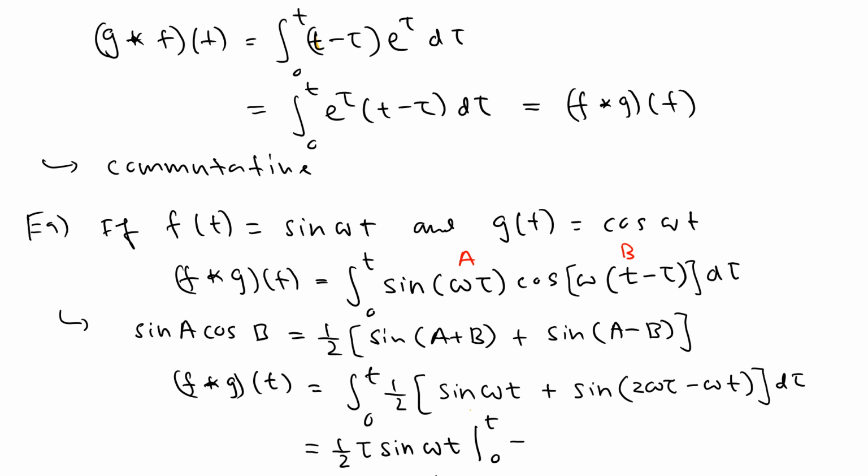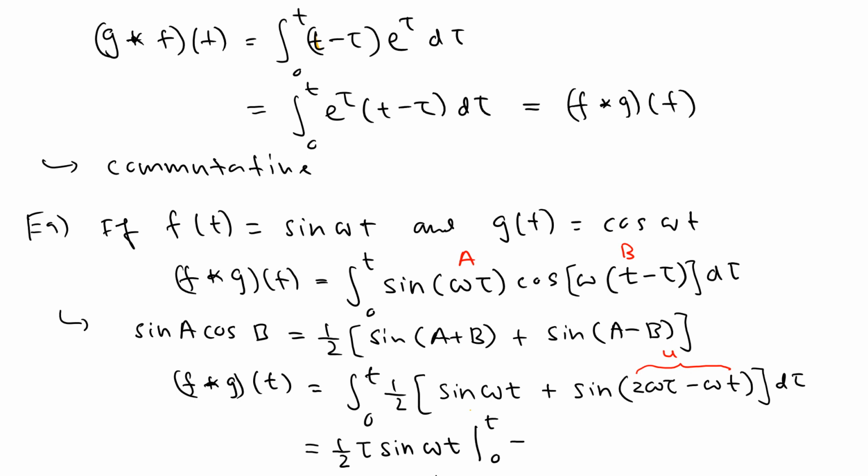So what's going to happen to the second one? Here omega t is a constant, so you can just use the u sub, which is actually very simple. But I'm going to tell you a trick, because omega t is a constant. That means you only need to worry about 2 omega tau. 2 omega is a constant. When you integrate sine and cosine, you divide by that 2 omega, because sine gives a negative cosine term.